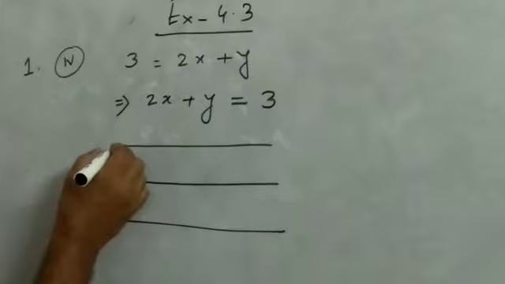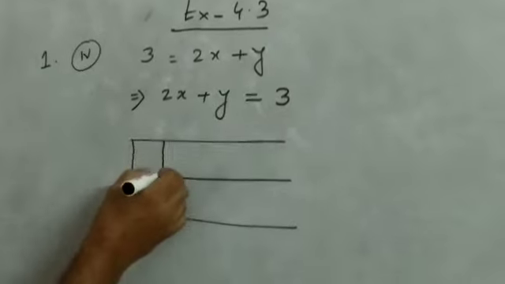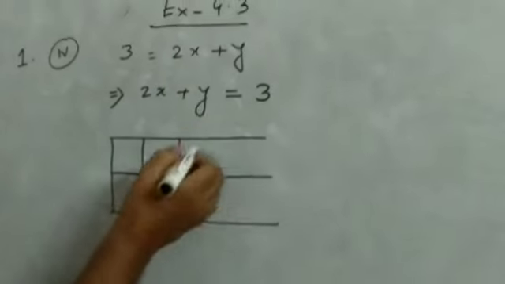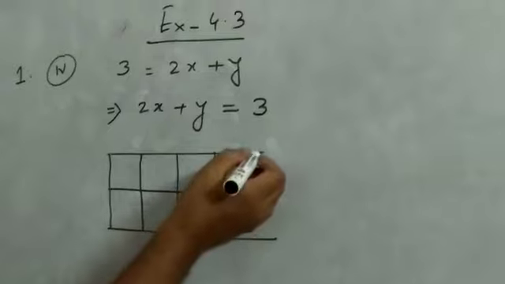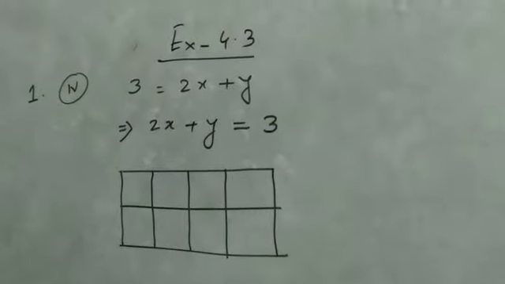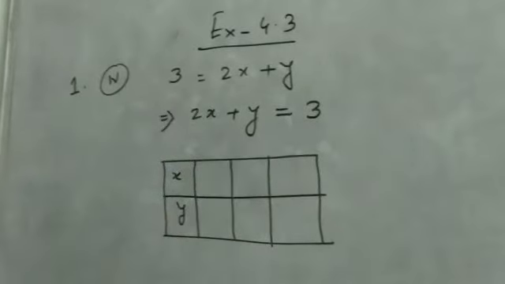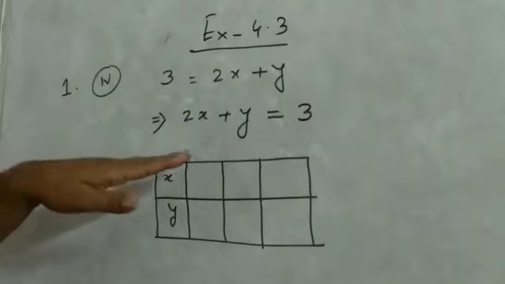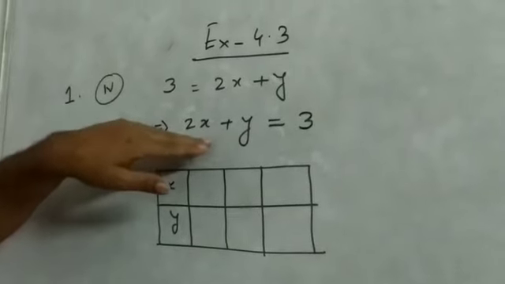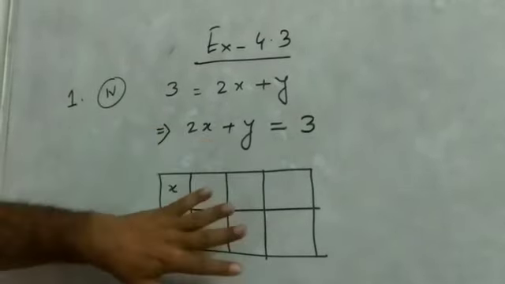So here we will find the solutions. We will find 3 solutions. With 2 solutions also we can draw the graph, but it is suggested that it is best if we find 3 solutions. So here, for x and y, find easy solutions. Last day I said that the solutions may be plus, minus, decimal or fraction.